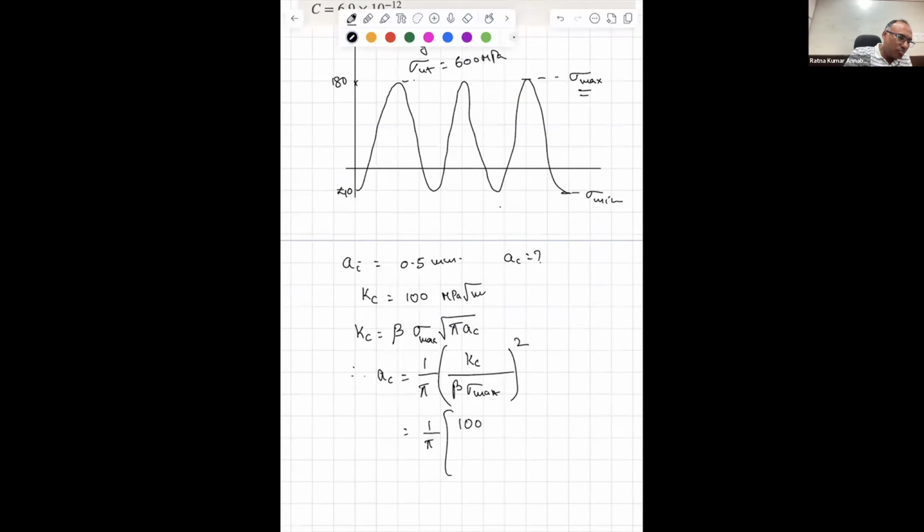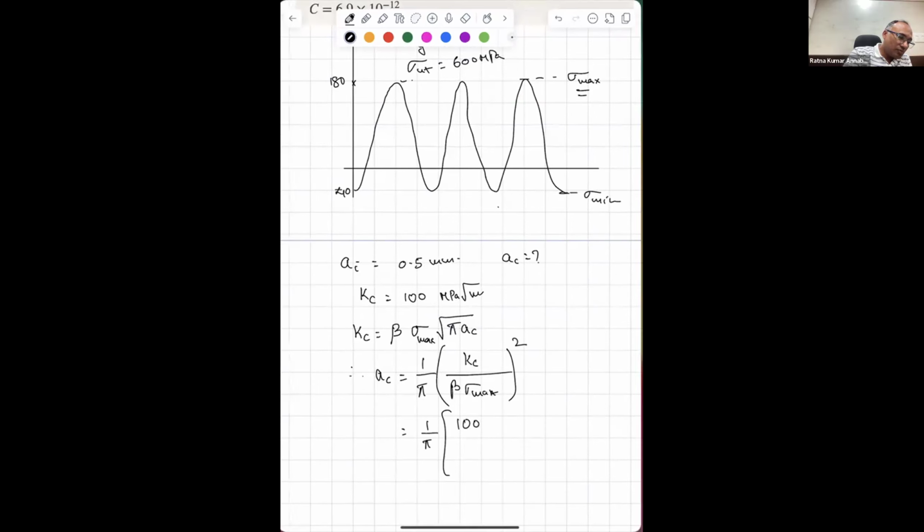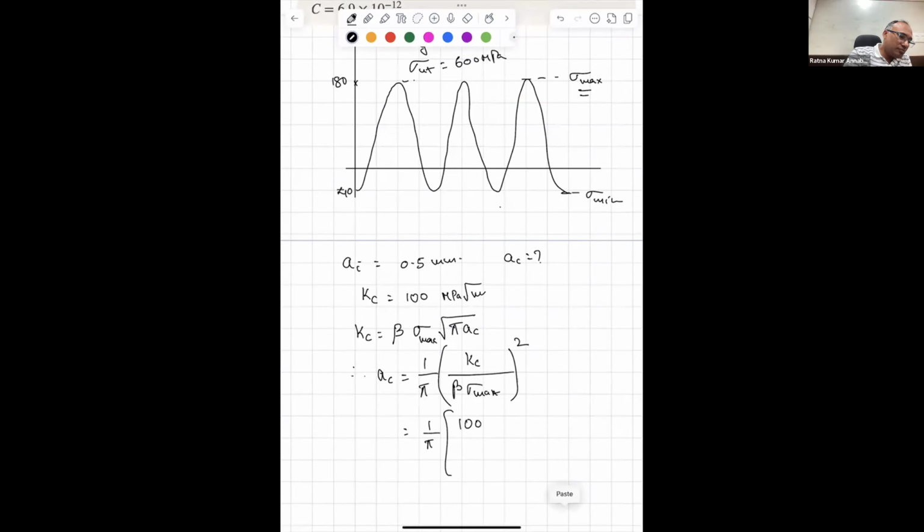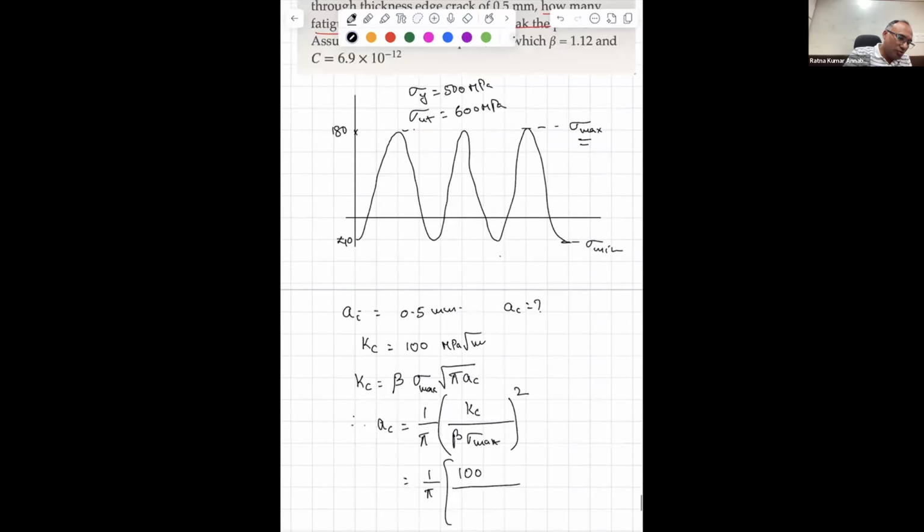So that is equal to 1 by pi. Kc is 100 MPa root meter, beta is 1.12 and sigma max is 180, whole square. This is MPa root meter, so this will come in meters, right? How much is that coming to be?